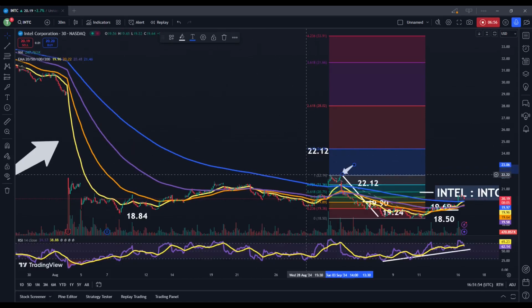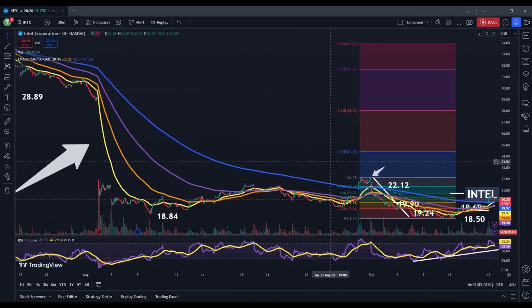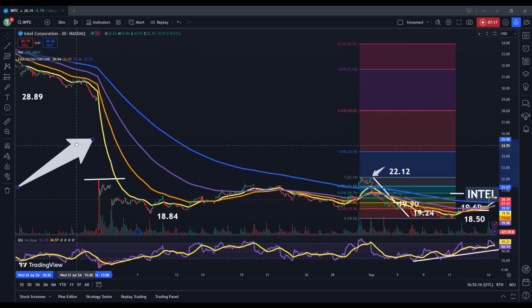But what we have to understand is that if share prices are able to break above that $22.12 area, it would be very critically important because, as you can see here, this is really the bottom end of this prior price gap that was filled previously. This is the price gap that occurred after the company's most recent quarterly earnings report, where the dividend was suspended and things like that.